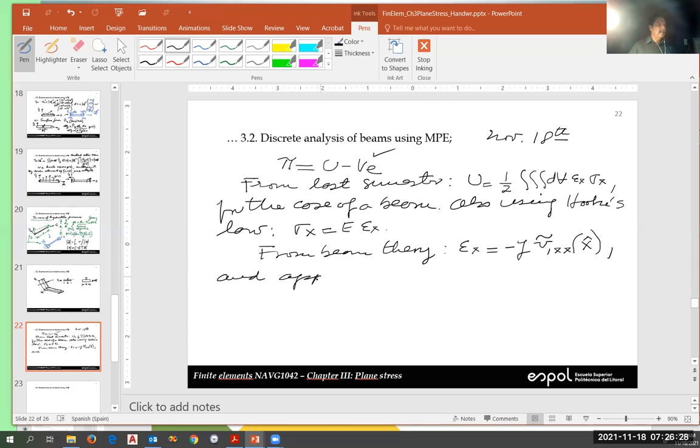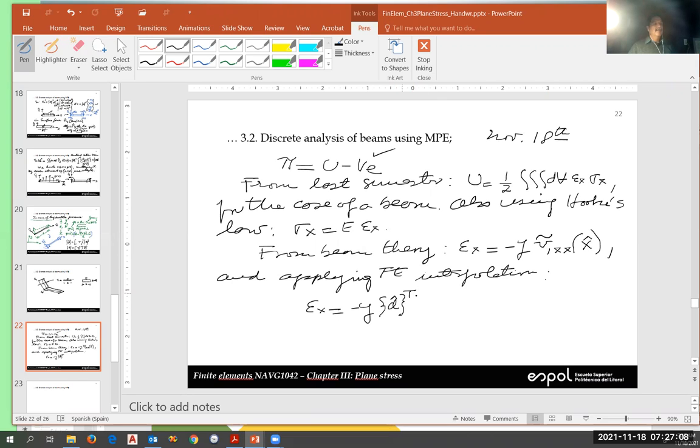Applying finite element interpolation, this epsilon x, we're going to say that it is equal to minus y, and this is going to be equal to, remember, these are the joint displacements.